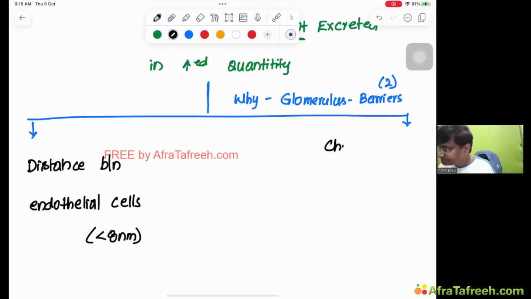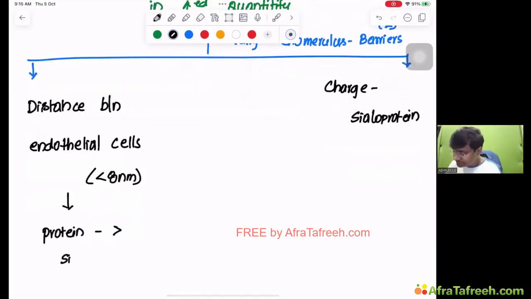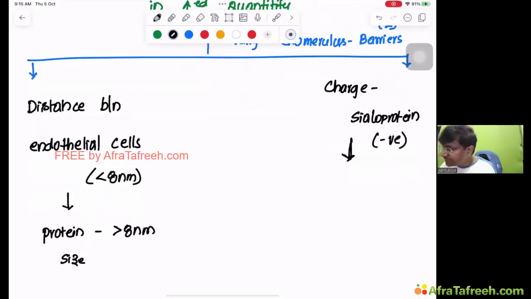Next is the charge of the sialoprotein. So the distance is less than 8 nanometers, but the protein size is more than 8 nanometers, so thereby the proteinuria does not occur. Whereas sialoprotein is a negatively charged protein, right?